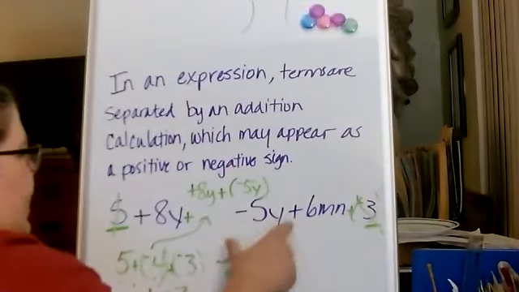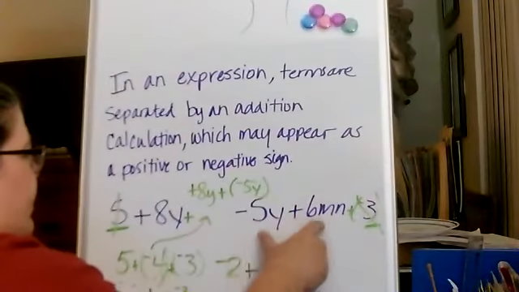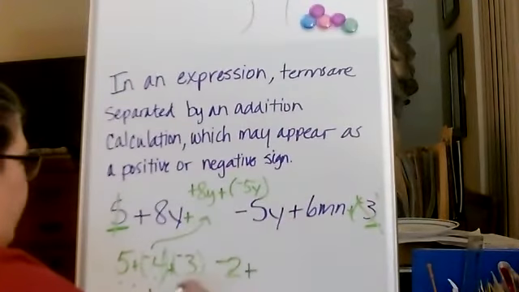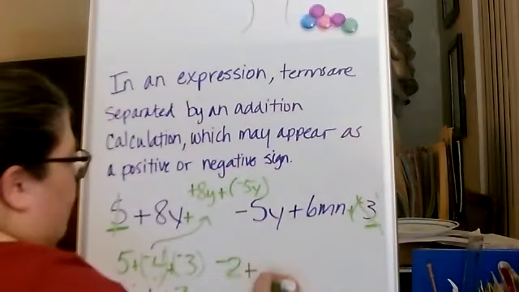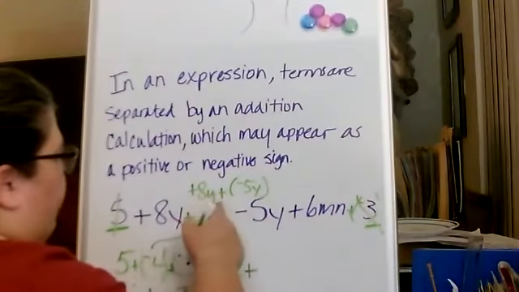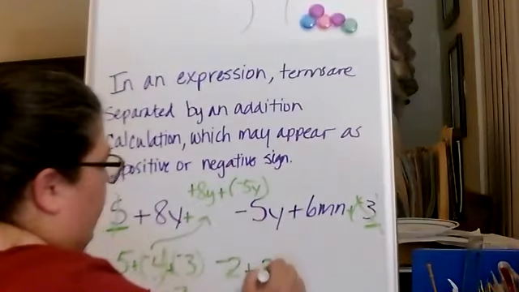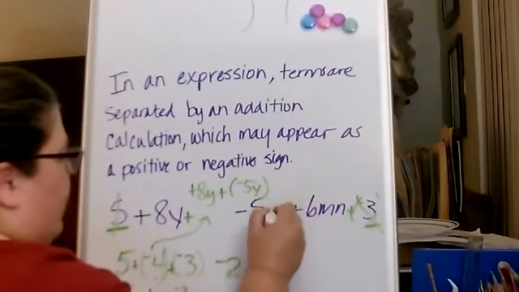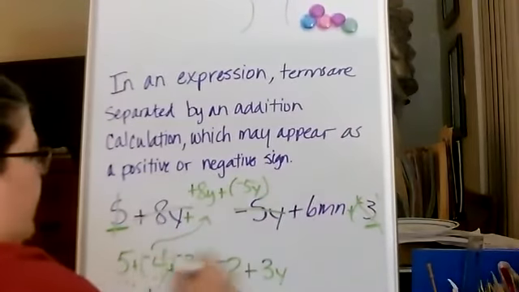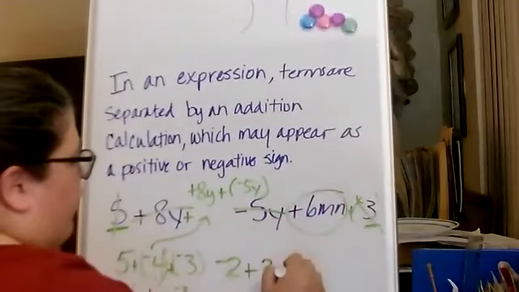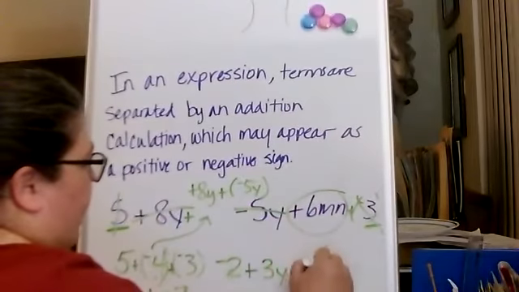And when we take that out, that's going to leave a positive 6mn. So we know what that sign is going to be as well. So 8y plus negative 5y is going to be 3y. And then that's gone and that's gone. So all we have left is a positive 6mn.